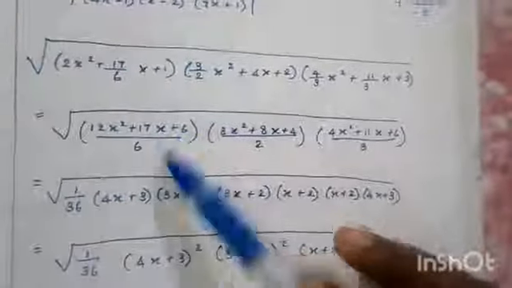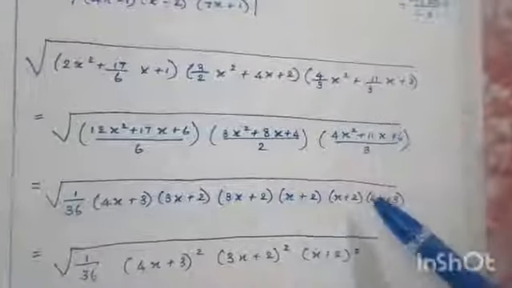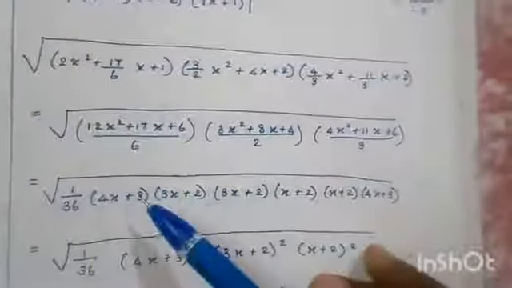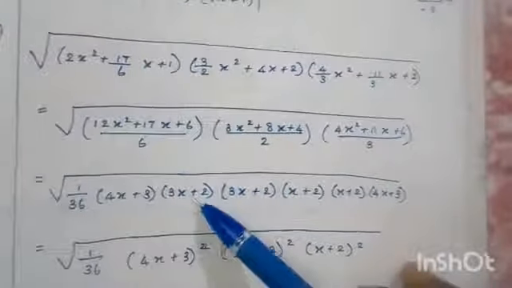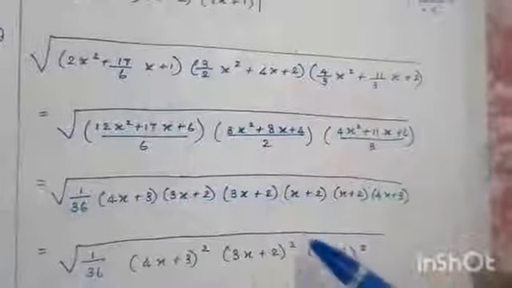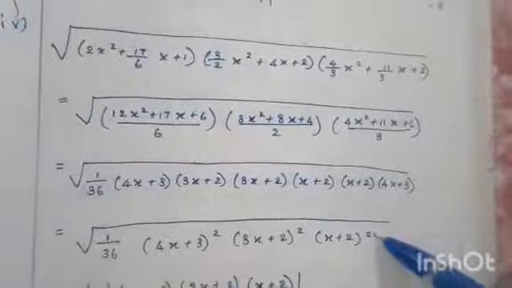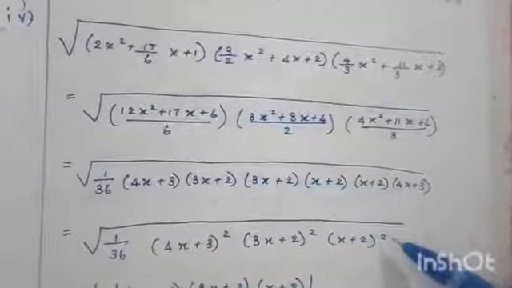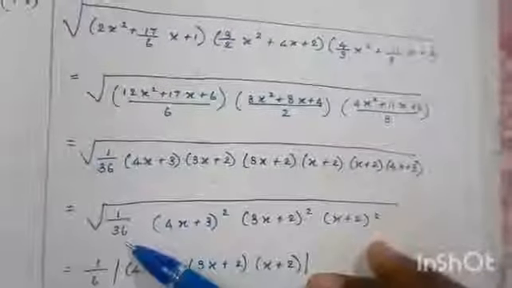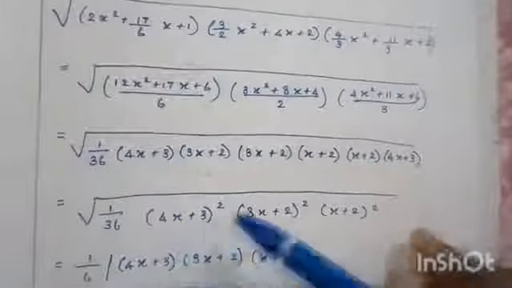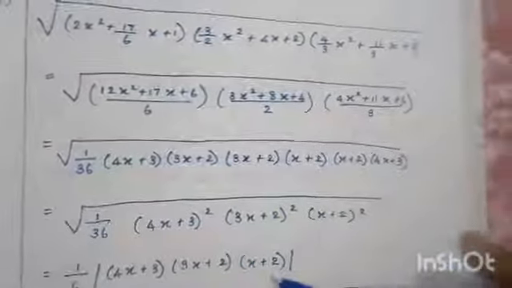Then for this one, factor is this, and for this one, factor is this. Now it is 4x plus 3, 2 times is there, 4x plus 3 whole square, 3x plus 2, 3x plus 2, 3x plus 2 whole square, x plus 2 is there, so x plus 2 whole square. Now we want to find the square root. So that is 1 by root 36, root value is 1 by 6. So that is absolute value of 4x plus 3, 3x plus 2, x plus 2.